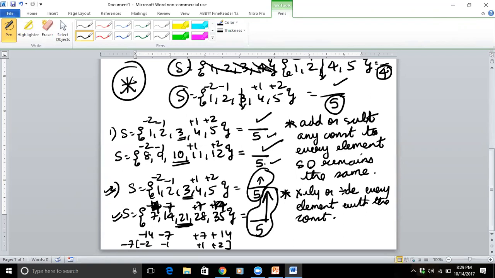So if you multiply every element of the set with a constant, the standard deviation increases. If you divide every element of the set with a constant, the standard deviation is going to decrease. How much? The same constant that you multiplied and divided every element of that set. Okay with this?